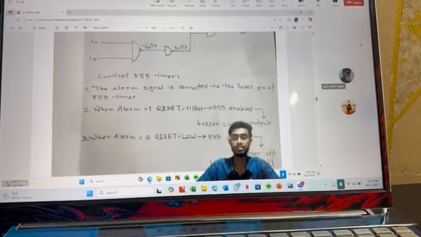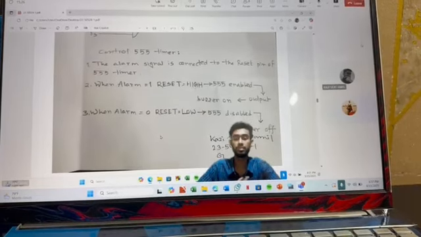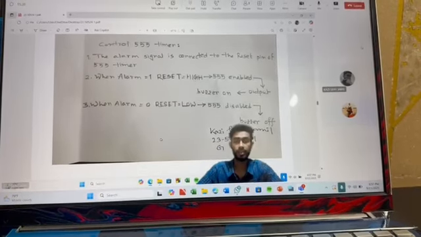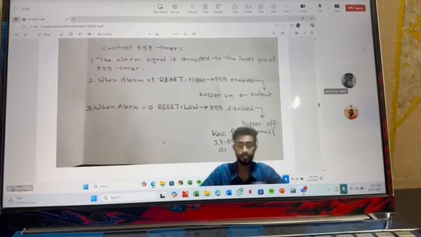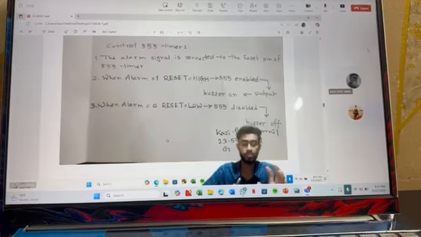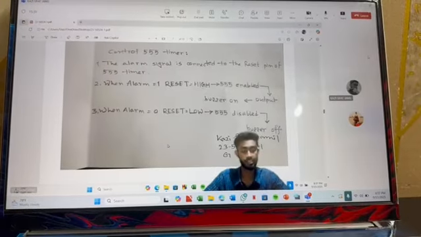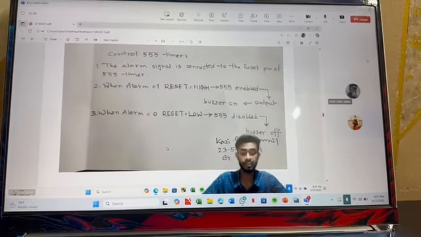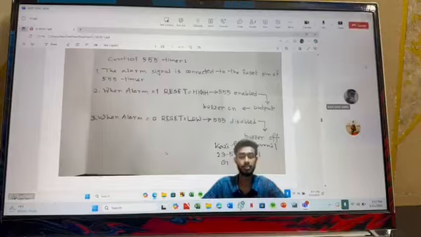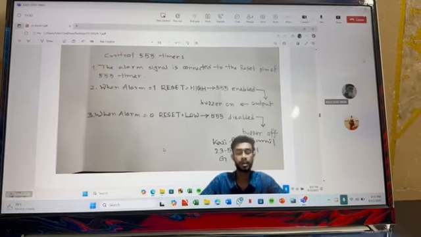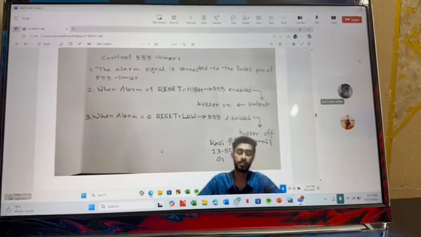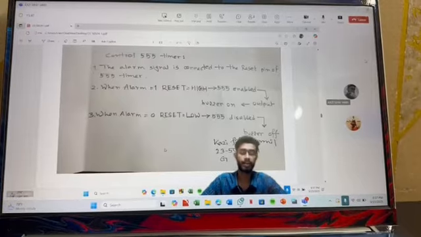Okay, next the 555 timer control. Here on the screen, to make sure our counter and alarm work correctly, we need a steady clock signal. We built a circuit with a 555 timer for this purpose. The 555 timer generates a repeating pulse like a heartbeat.